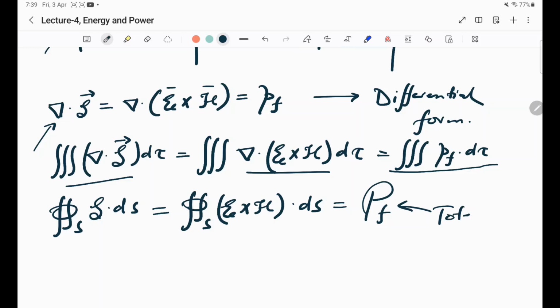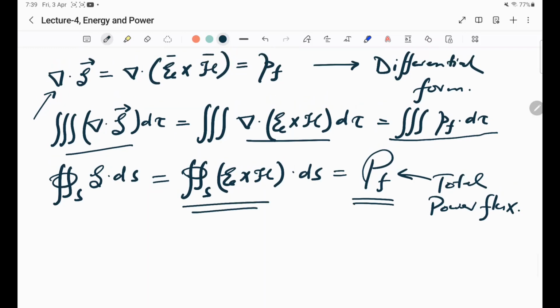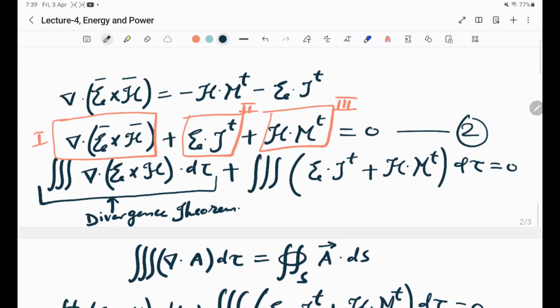This is the total power flux. Now we are going to use this in the first term of equation number 2 here.